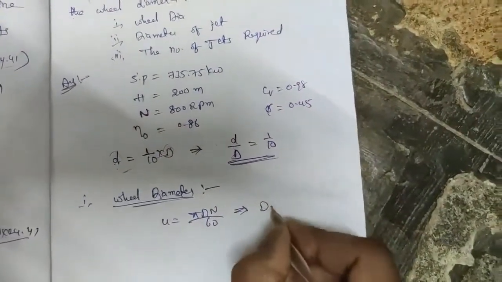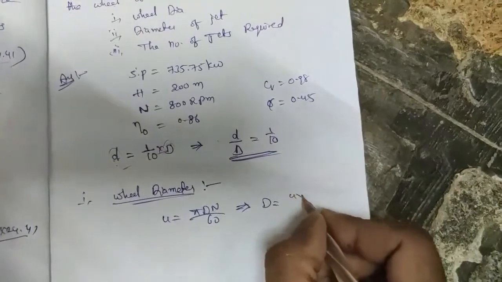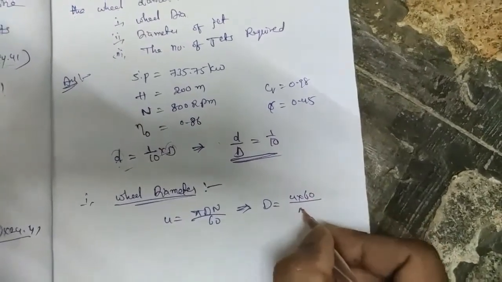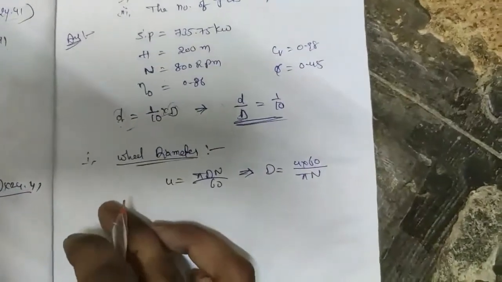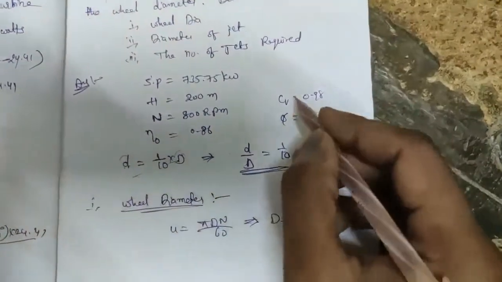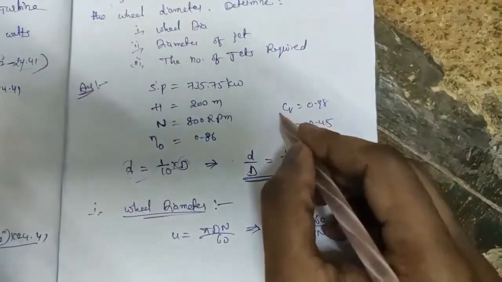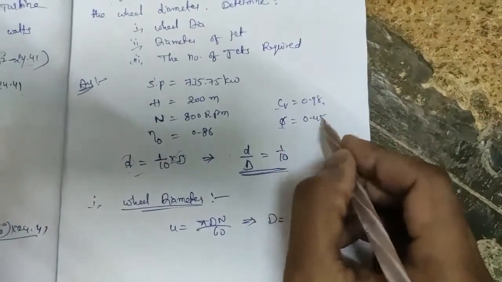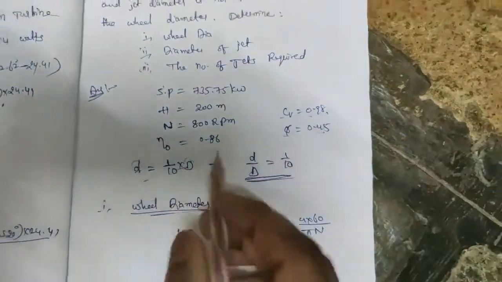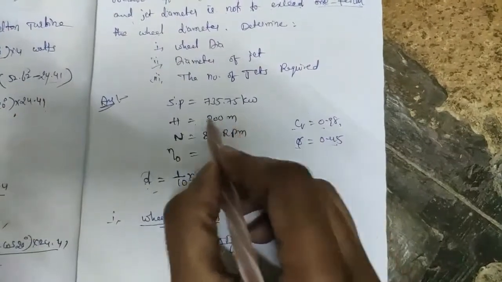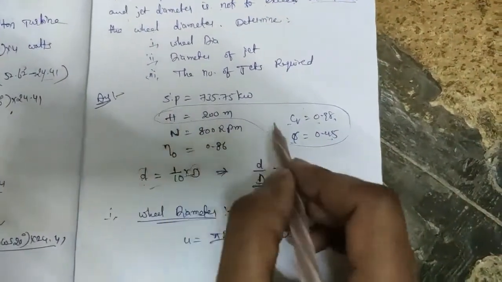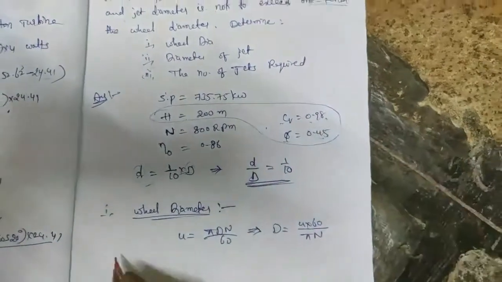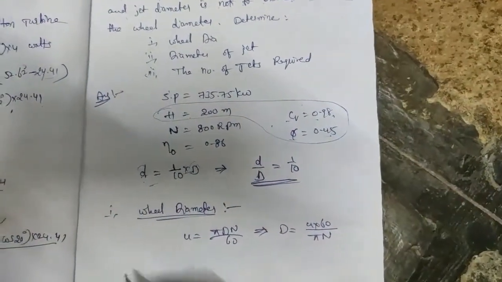From that, capital D equal to U into 60 by pi N. In the problem they gave coefficient of velocity and speed ratio, and also head.